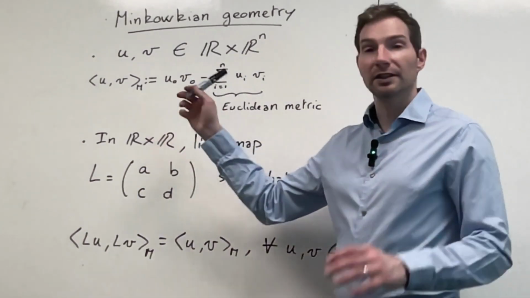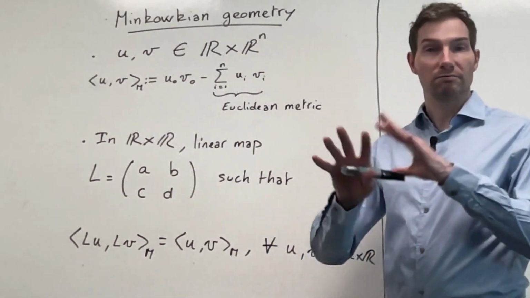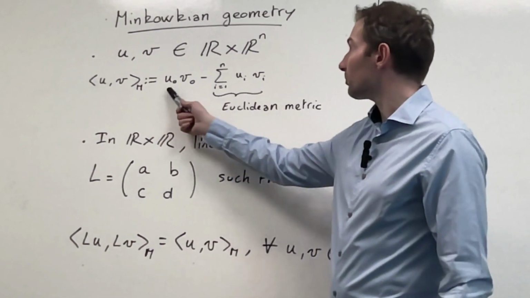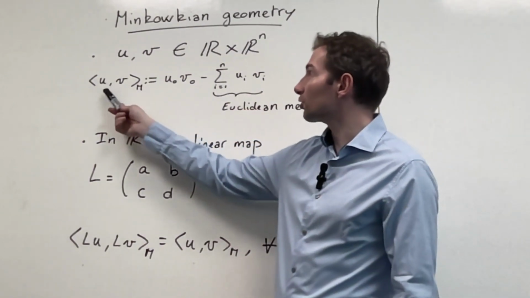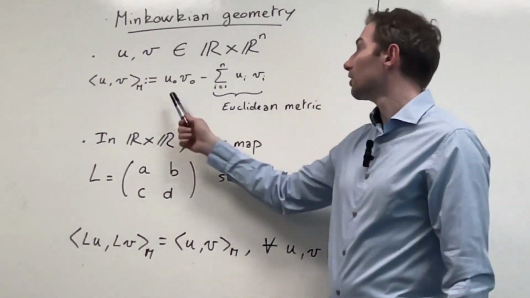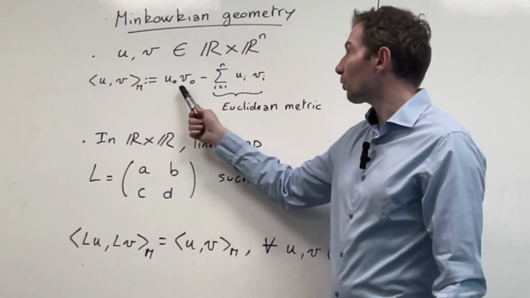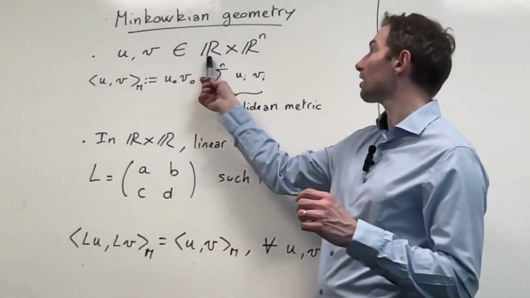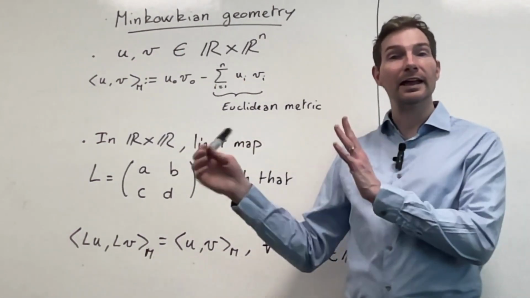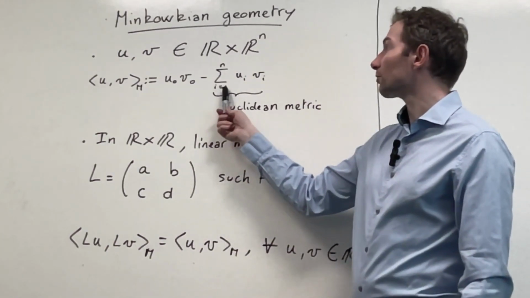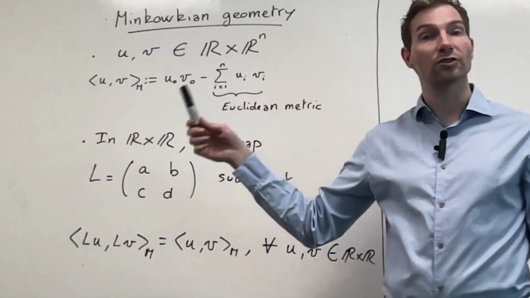So the bottom line is that, in any appropriate basis, you can write the inner product between u and v in this particular fashion, where u naught and v naught are the 0th coordinate corresponding to this R here, and then the coordinates for the Rn part range over an index going from 1 to n.